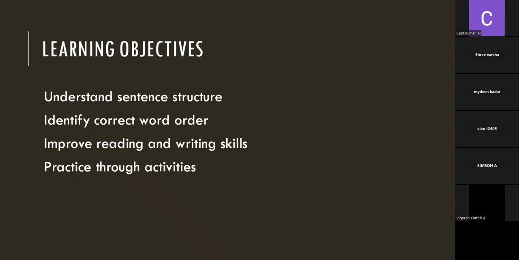The main goal is to help you identify correct word order and improve grammar. It improves thinking skills. When a student practices regularly, they become faster in forming sentences. So, you guys have to practice regularly, and you will be able to know what is what.